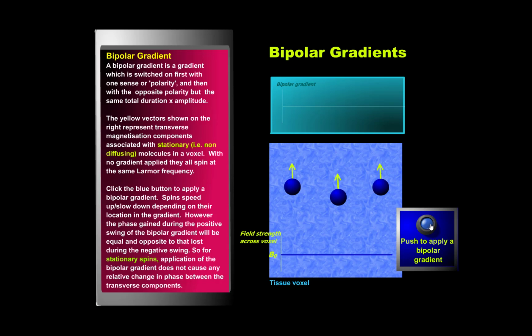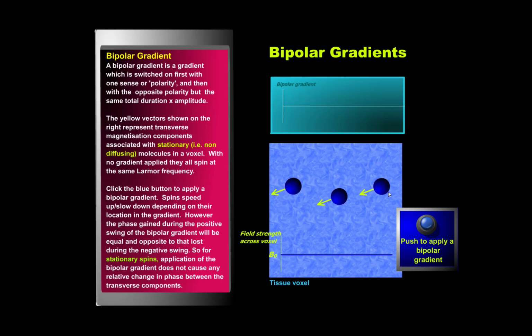So repeat that. So the spin over here experiences a higher gradient, so it goes faster. Then it experiences a lower gradient, so it goes slower. Okay. Now, if you look, you'll see the net result on these spins is not very much, because a spin will speed up during one phase of the gradient, but it slows down by an equal and opposite amount during the second phase of the bipolar gradient.